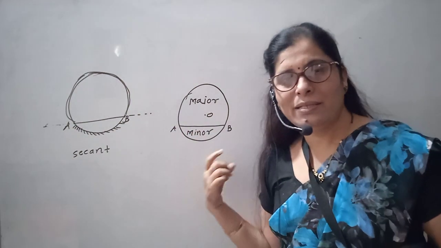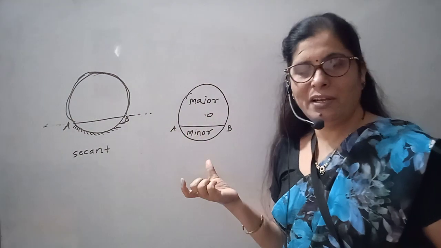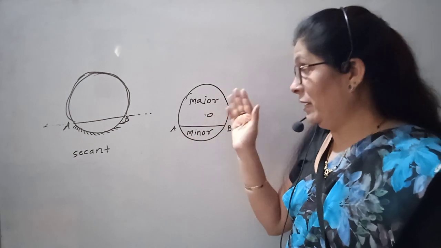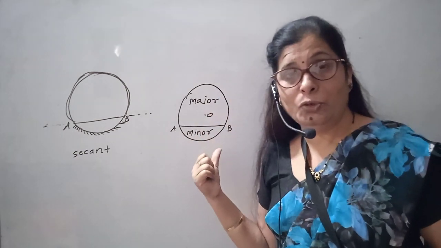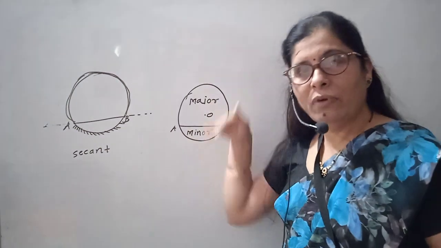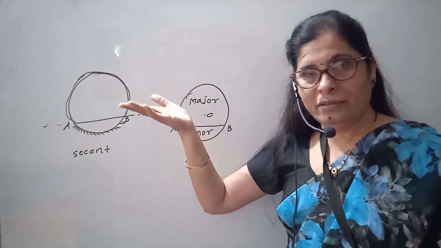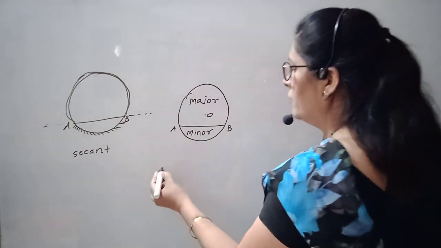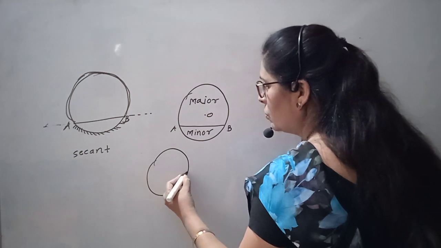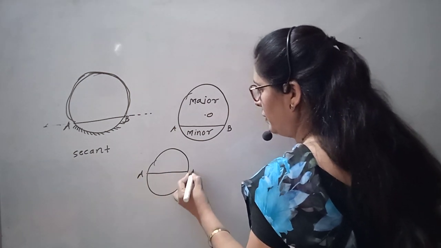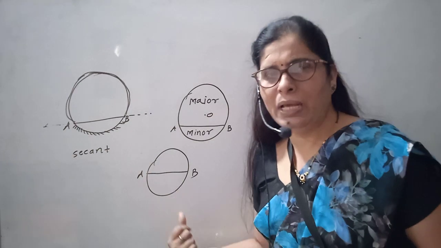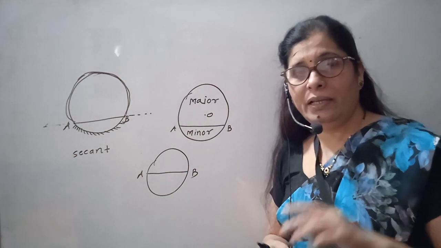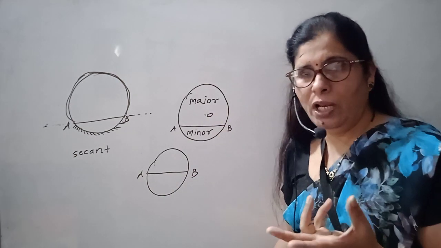So now we can say that a chord of the circle divides the circle in two. When the chord divides the circle into unequal parts, then one part is the major arc and the remaining part is the minor arc. But if the chord of the circle is the diameter, the longest chord, then this circle is divided in two equal parts.